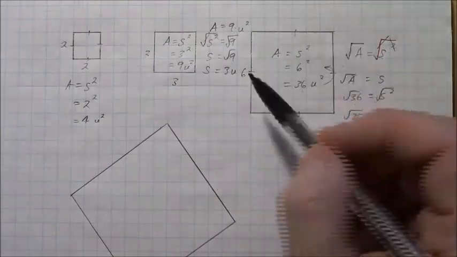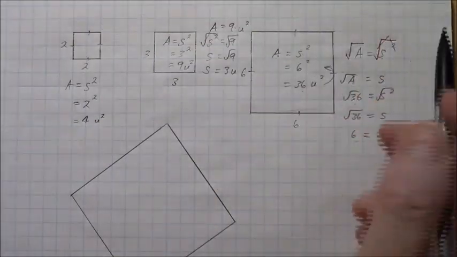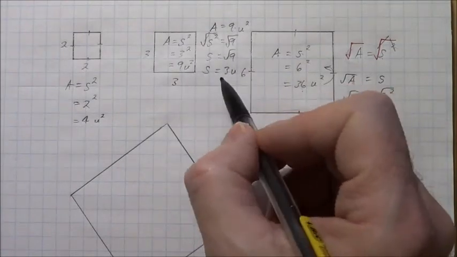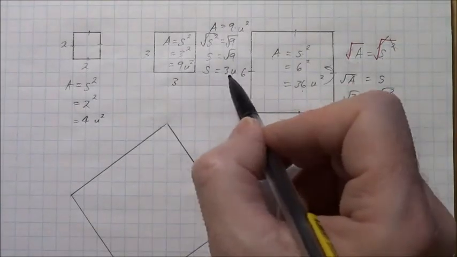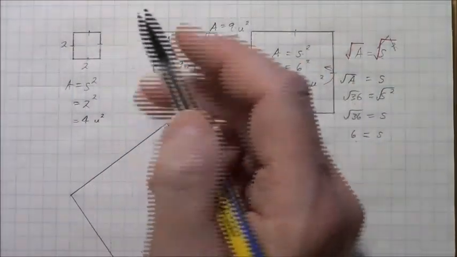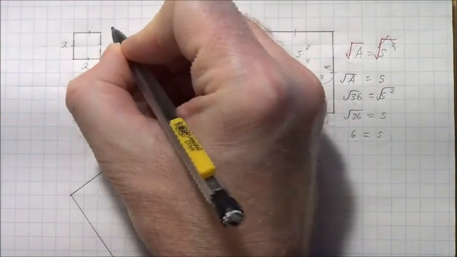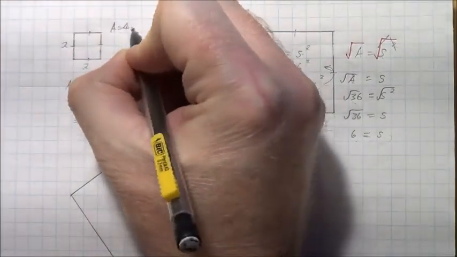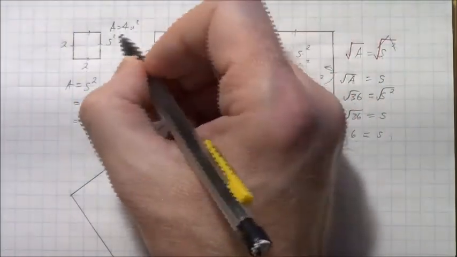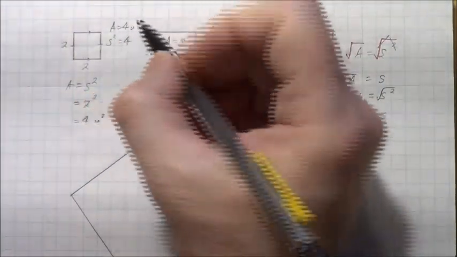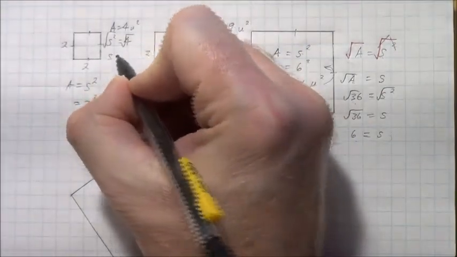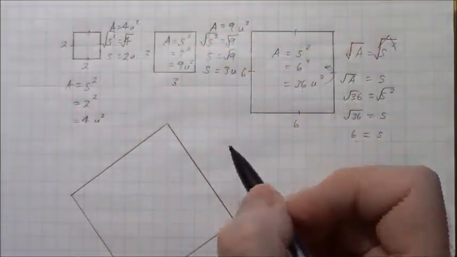Units could be centimeters, millimeters, kilometers, light years, whatever it may be. But we have the side length by taking the square root of the area. And we could back this up again over here. The area is 4 square units. The area is calculated by taking the side length squared, and so we take the square root of both sides. So the side length is 2 units.